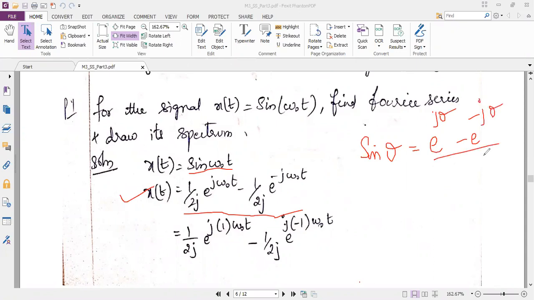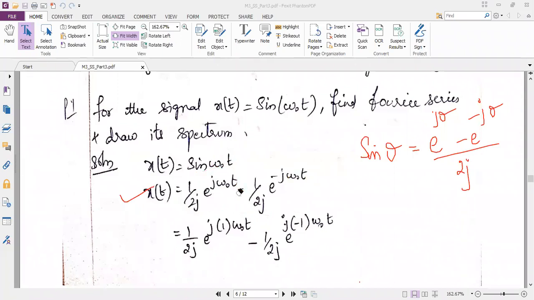Since for sine and cosine I have the Euler's relation, I want to just expand the sine in terms of Euler's formula. So it is 1 by 2j e power j omega naught t minus 1 by 2j e power minus j omega naught t. So this is the first step.